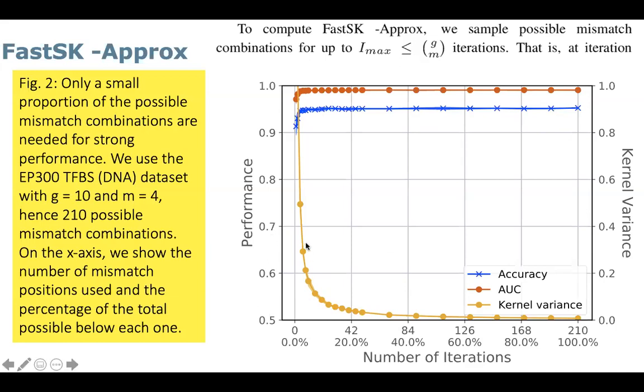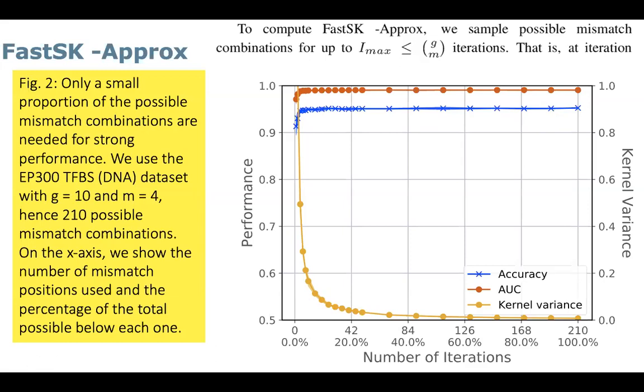We only need about 5% of the partial kernels, and our AUC and accuracy already converge very nicely. This orange curve shows the variance of the kernel matrix as you keep adding partial kernels. The variance becomes negligible after 20%. So this whole figure shows we don't need to do all g pick m partial kernels. We only need part.